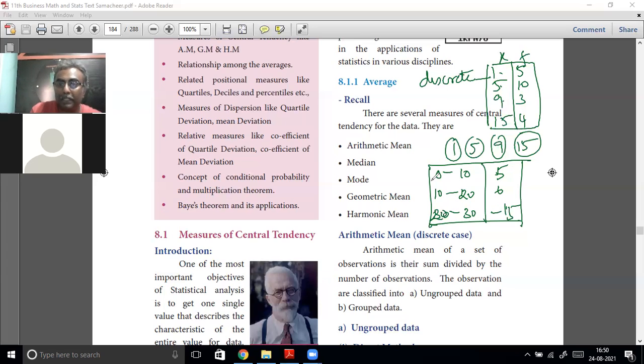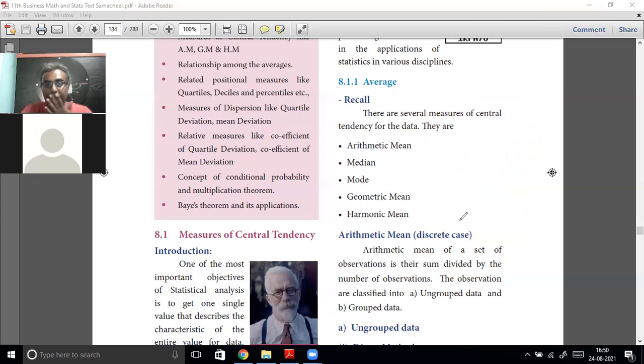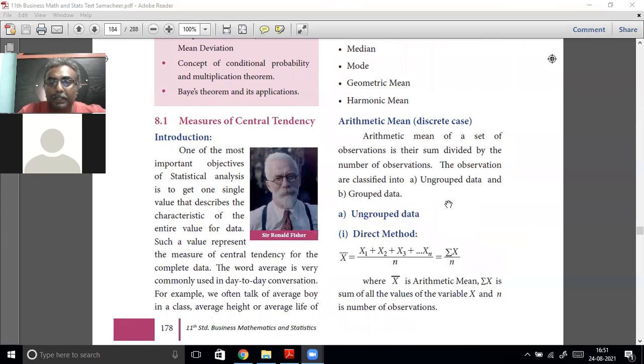Only when the data comes based on class intervals, it is called continuous data. I hope you understood this difference from your earlier class itself. You are revising.